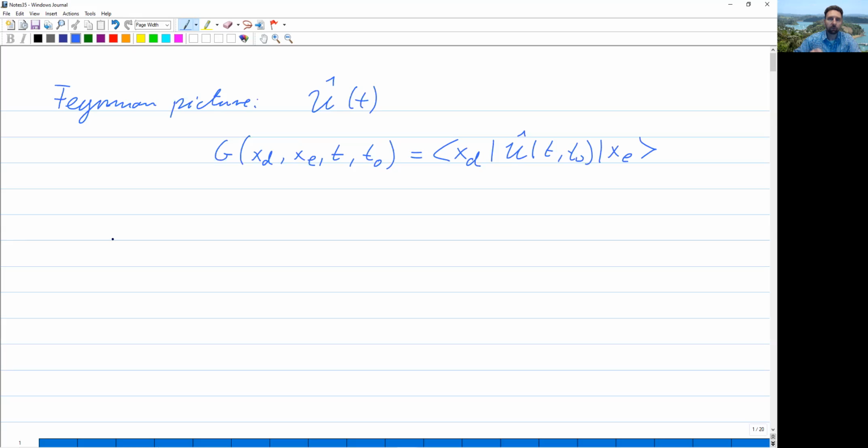Now, how to calculate that? We could calculate it using the usual operator methods that we developed throughout the course, which is to solve the differential equation for the time evolution operator. But Feynman, and that's the significance of the Feynman picture, found another way to calculate the Green's function.